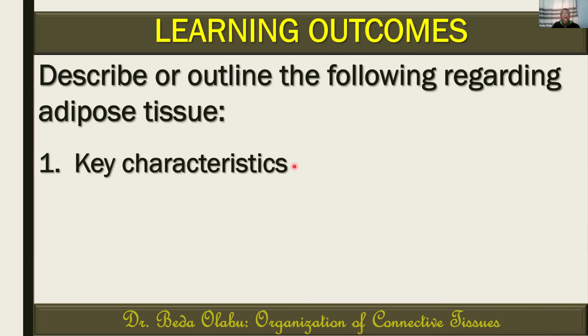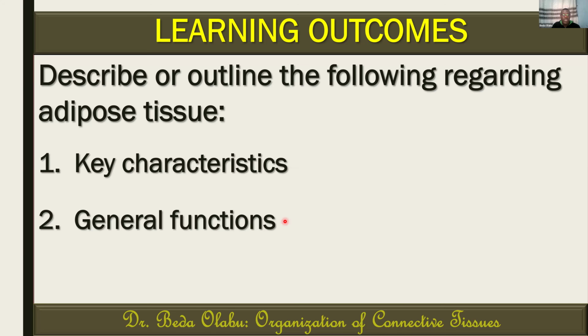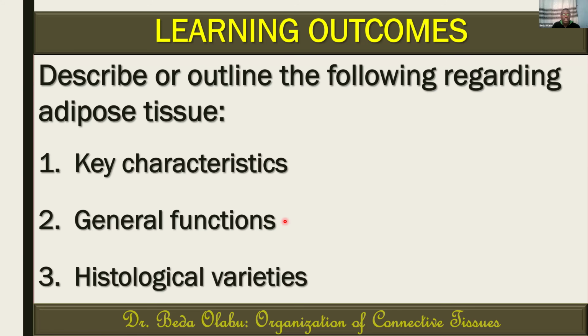One, we'll talk about their key characteristics in general. We'll also talk about the key functions of adipose tissue. And we'll talk about the histological varieties of adipose tissues, and we'll look at how they appear on light microscopy.